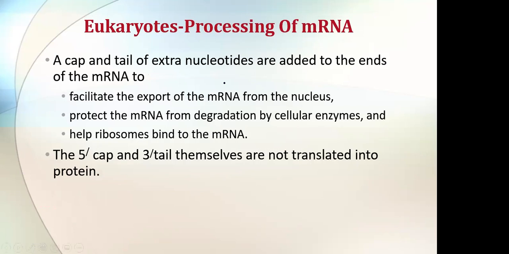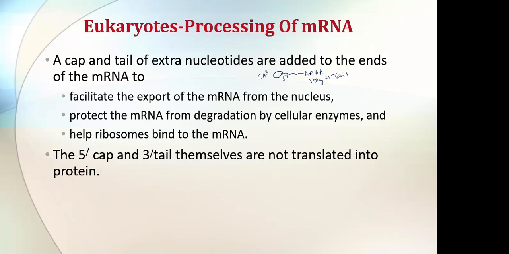The other thing that happens: when messenger RNA comes out of the nucleus, it's very valuable, since it's carrying all the genetic information. So the cell adds a cap at the 5' end, which means multiple methyl groups, and at the 3' end multiple adenines, called the poly A tail.